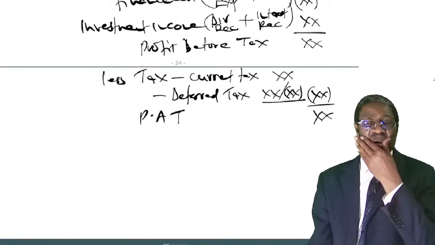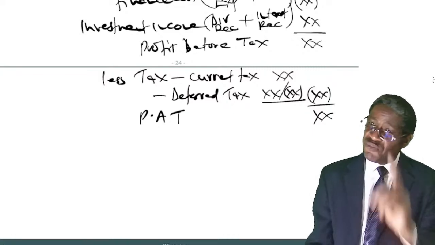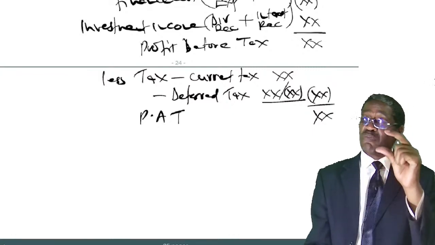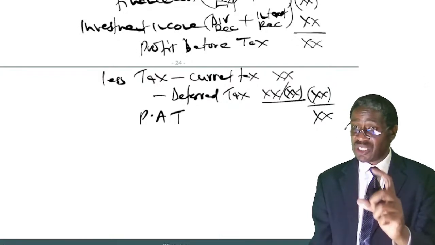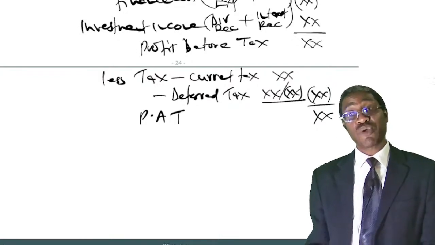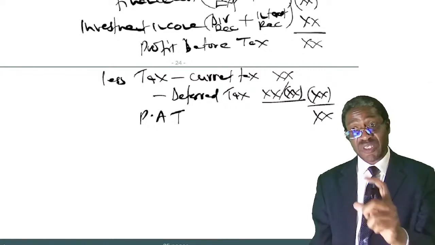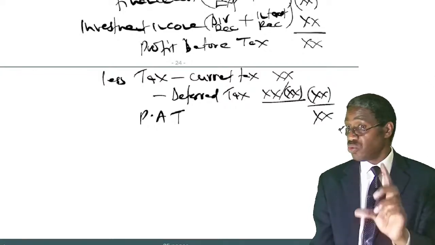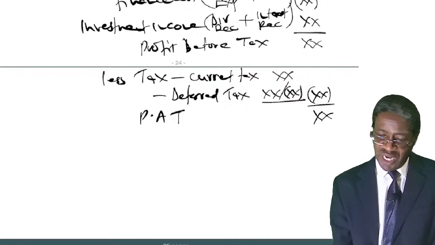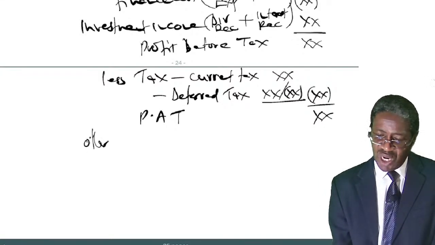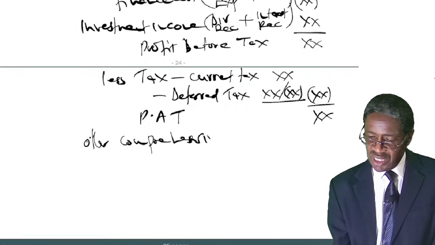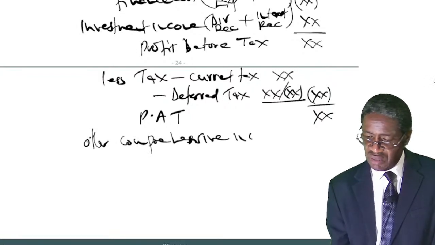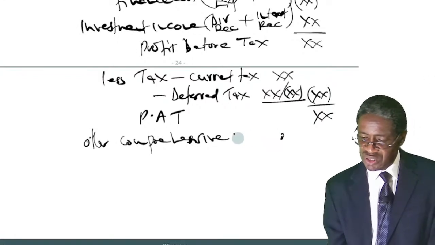Good. If you are doing a question on published accounts, you don't do the appropriations of the profit in this income statement. No. Then from there, you come to other comprehensive incomes.